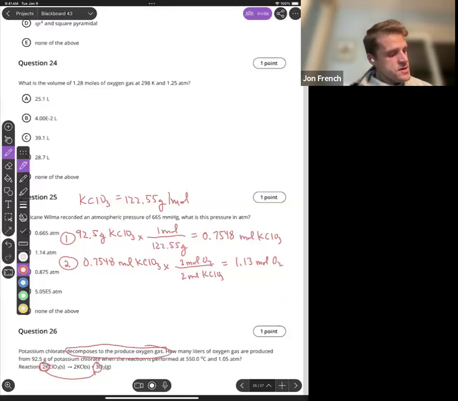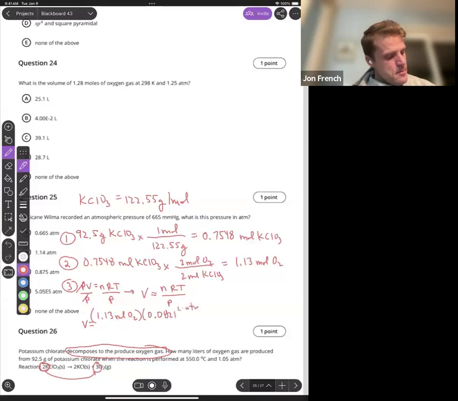Now we can go over and find the volume. Now we can use PV equals nRT. We're looking for volume, so we can divide both sides by pressure. The volume of this gas equals nRT over P. My volume equals my moles, 1.13 moles, R, 0.0821 liters atm per mole Kelvin.